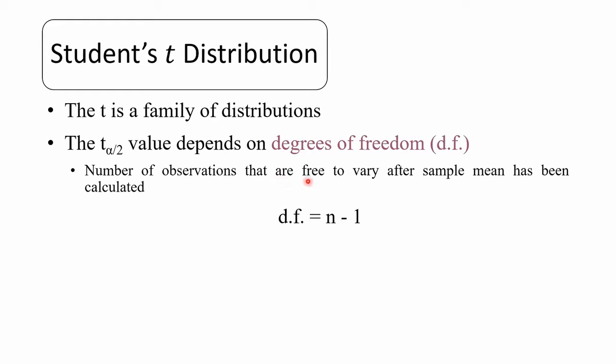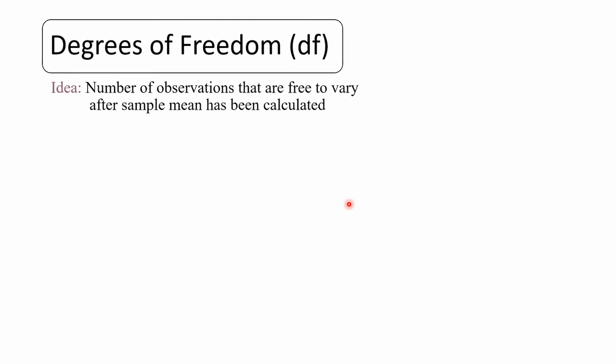That is the number of observations that are free to vary after the sample mean has been calculated. But let's have an intuitive understanding of what degrees of freedom mean. When I say it like that, you might not understand it, so let's have a look at an example.